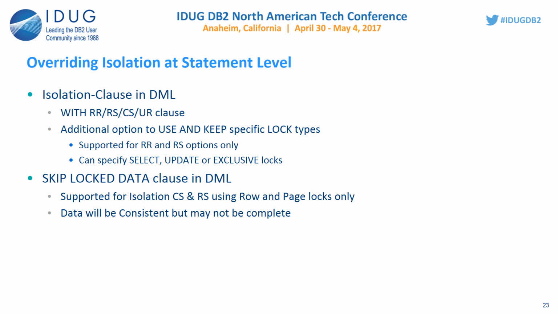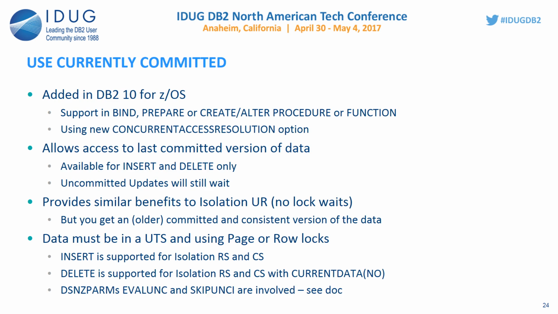And the other one that was added was use currently committed, which was added in DB2 10. Now that only supports inserts and deletes. It doesn't support updates. What DB2 does is, if it comes across a row that has been deleted, but the program that did the delete hasn't yet committed, you'll read it as if it was there.